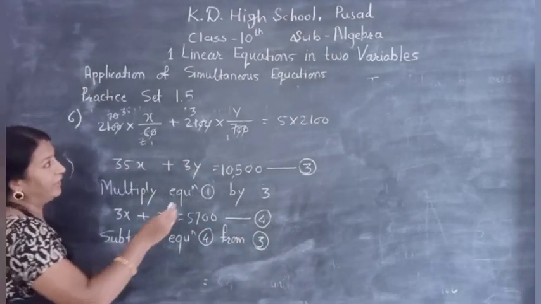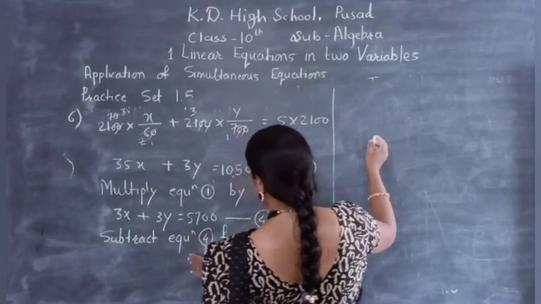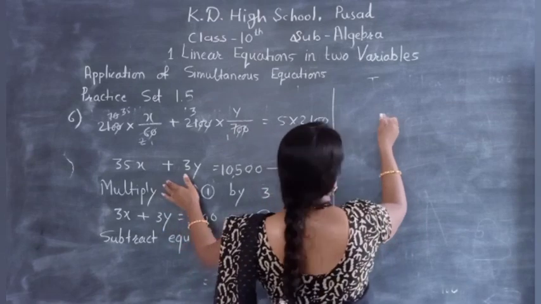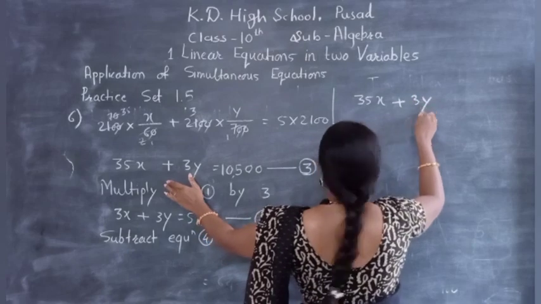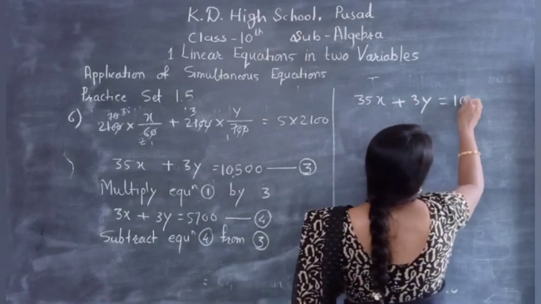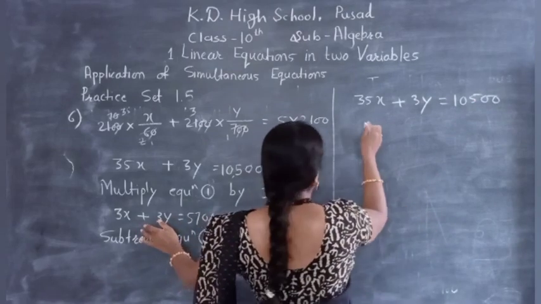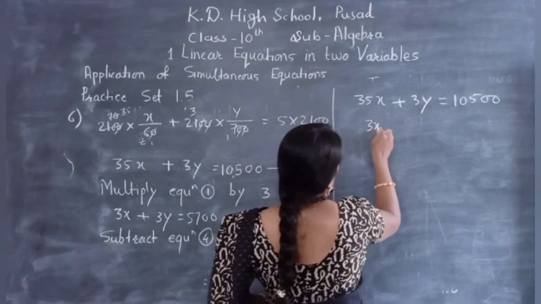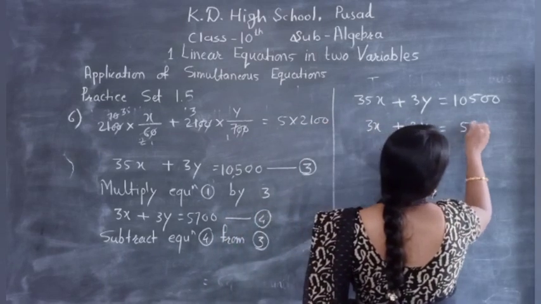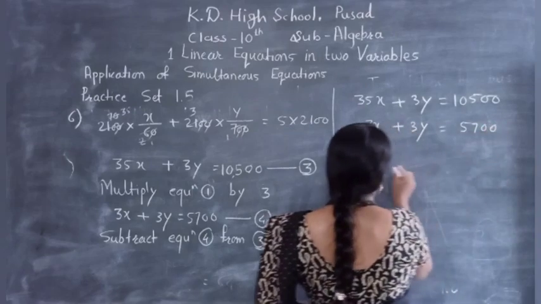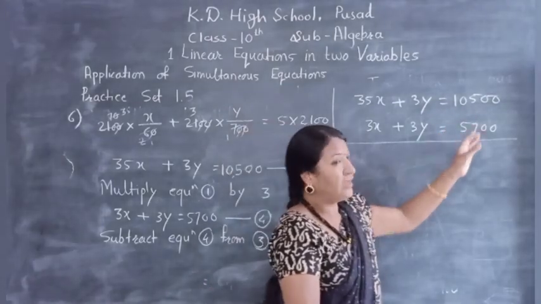Okay, now we write here in this part what we get. 35x plus 3y is equal to 10,500. And next 3x plus 3y is equal to 5,700. Okay, write down the digits properly one below the other.